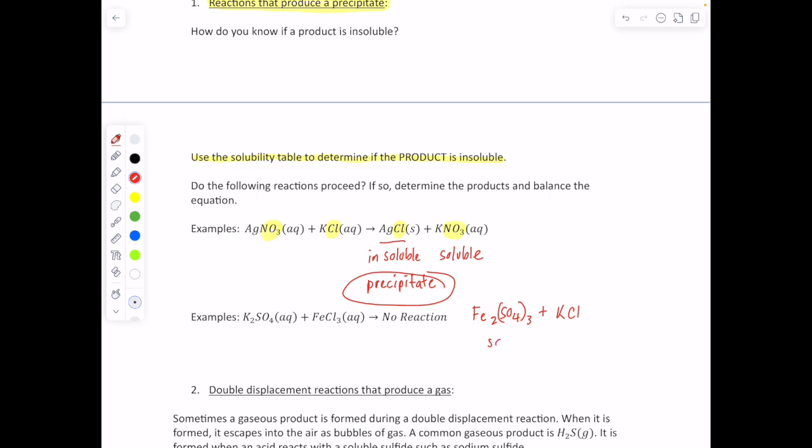Since both of these are soluble, no precipitate is formed. The ions will just remain soluble and separated, so no reaction happens. Remember, the only time a reaction is going to happen is if an insoluble precipitate is formed.